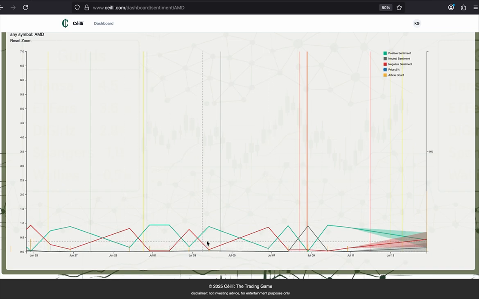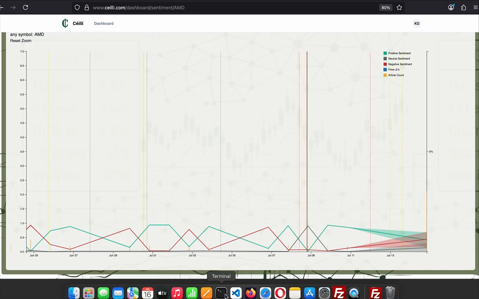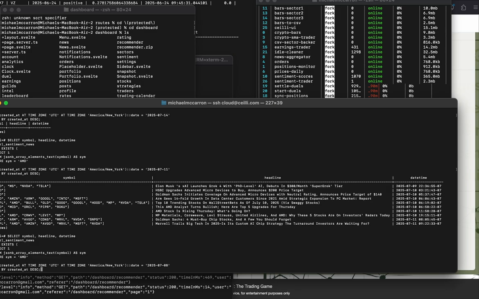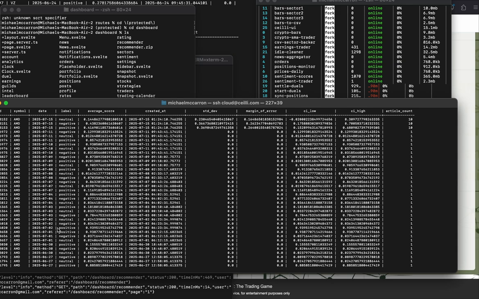So what we're looking at is a differential. Now, if we go and look at our sentiment aggregate scores for AMD, let's see what the scores are around July 7th. The sentiment scores on July 7th: negative is at 0.86, which is really high, and positive is at 0.11, which is pretty low.